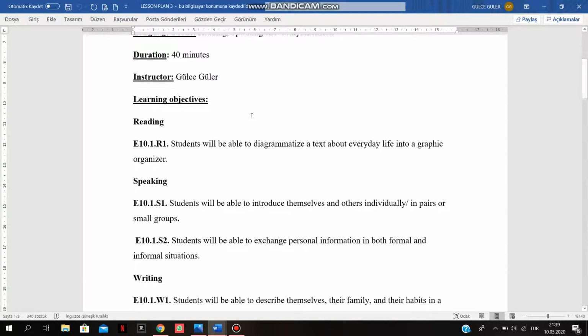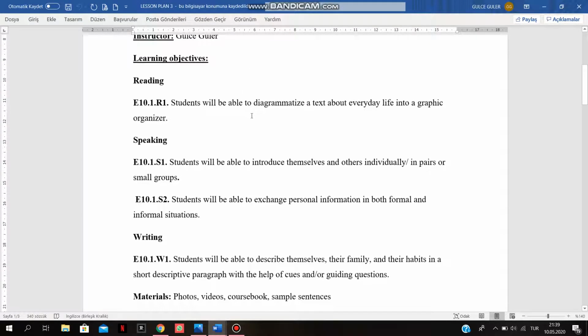So these are reading, speaking, and also writing objectives. For the writing part, this is actually for homework. The activities are on reading and speaking objectives. For the reading part, students will be able to diagrammatize a text about everyday life into a graphic organizer.